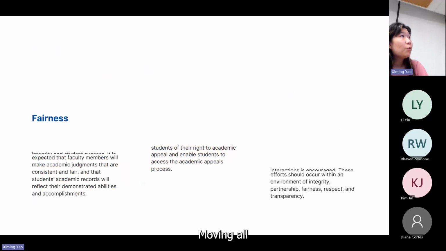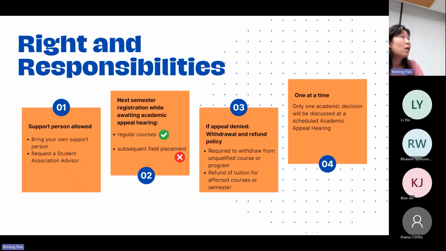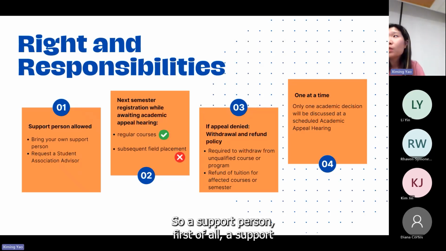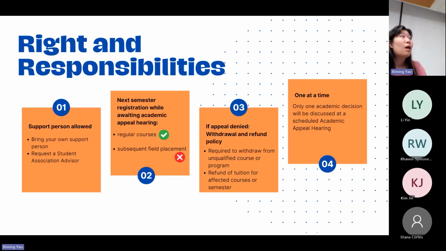Moving on to the rights and responsibilities within the policy. First of all, a support person is always allowed during the entire process of the academic appeal.